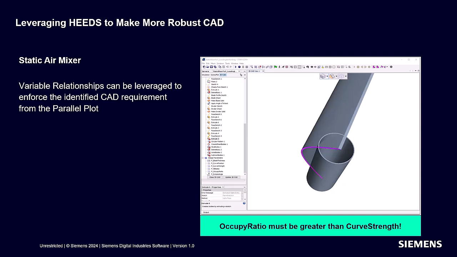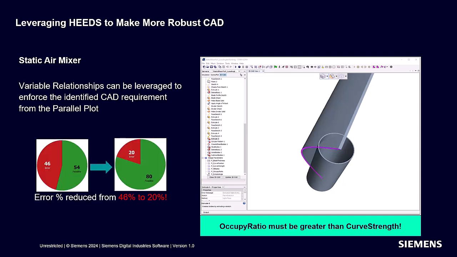Variable relationships within HEADS can then easily be deployed to enforce the relationship that the occupy ratio must be greater than the curve strength. This relationship can be enforced with a relationship feature in HEADS or with a semi-independent variable approach. Please refer to other knowledge articles devoted to each of these topics for more information.